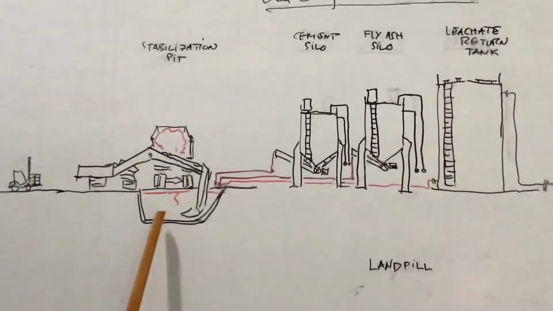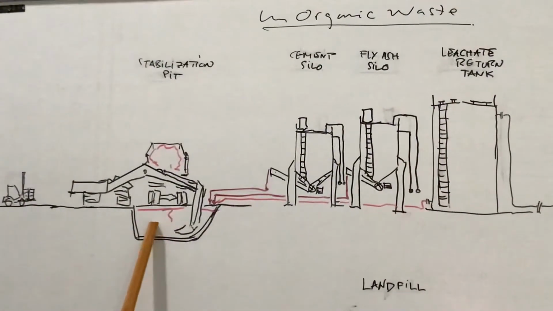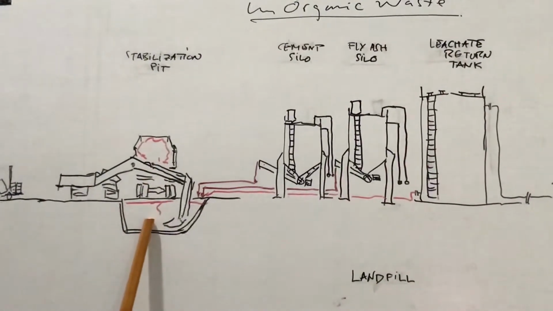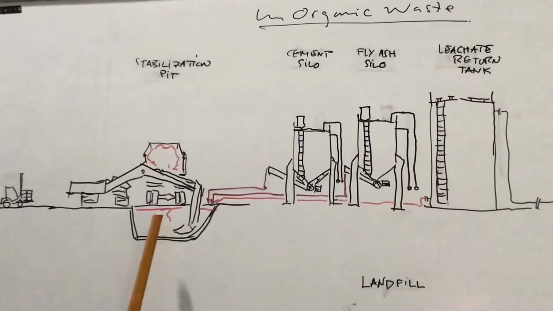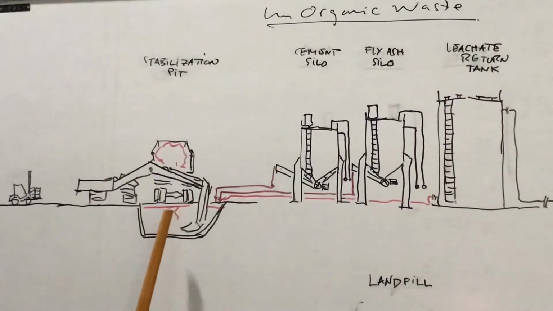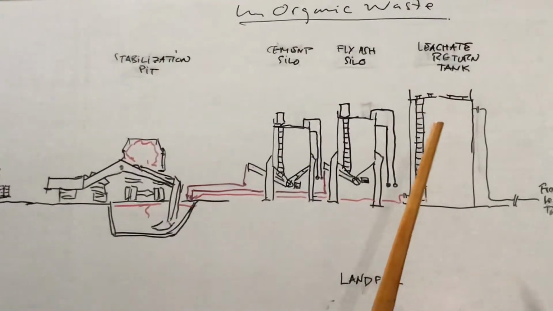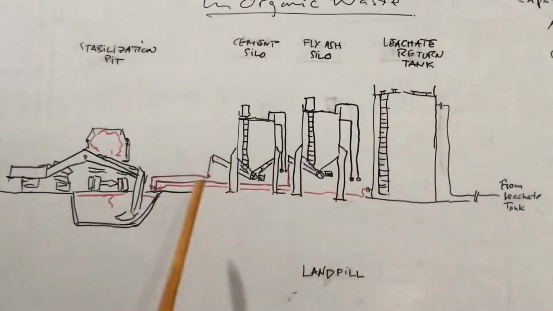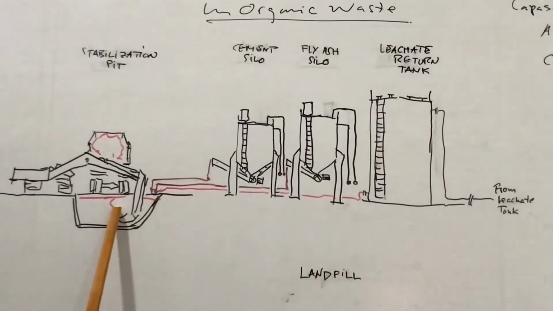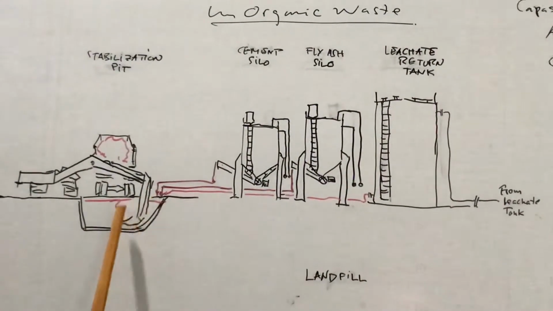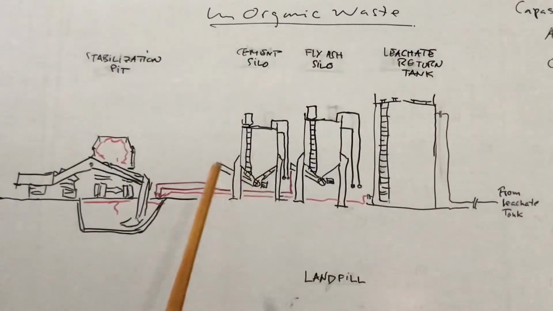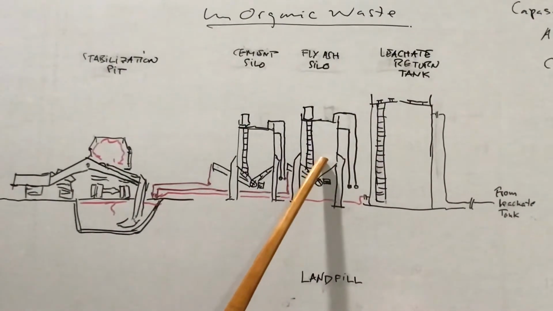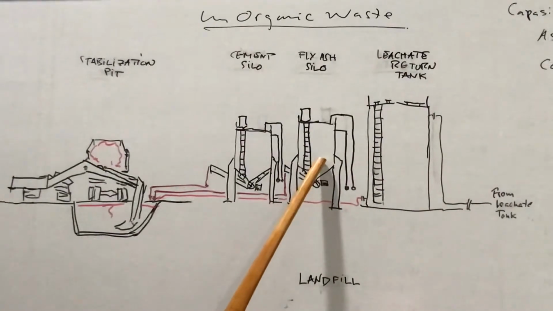This is what we call the excavator, to make the waste homogeneous. The inorganic waste is dumped from the truck, and later you put in some water from this tank. You just open the valve and the water comes down here, and later you put in cement for solidification and add more fly ash.